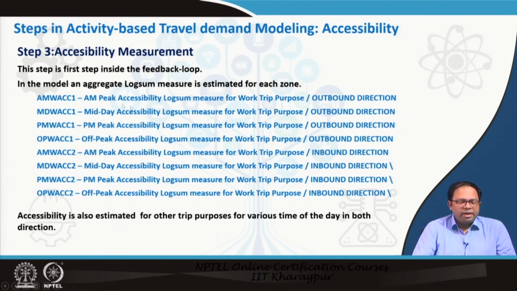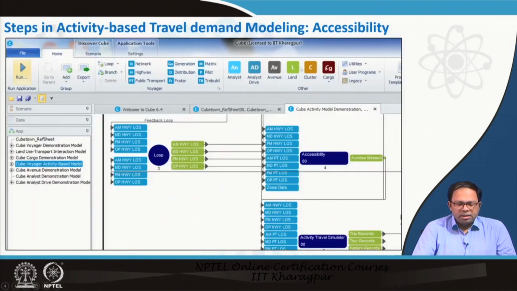We have different accessibility measures, and these are all for walk trip purposes. Other purposes could also be considered in the case of other kinds of trips. So this is the accessibility that is measured, and this is where you can see it being measured. The input comes from the highway and the public transit schemes that you see over here.